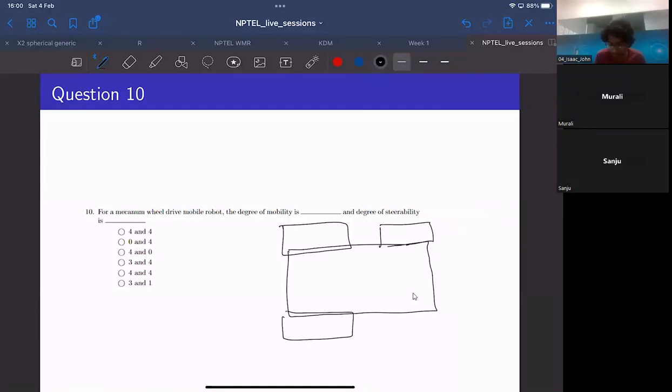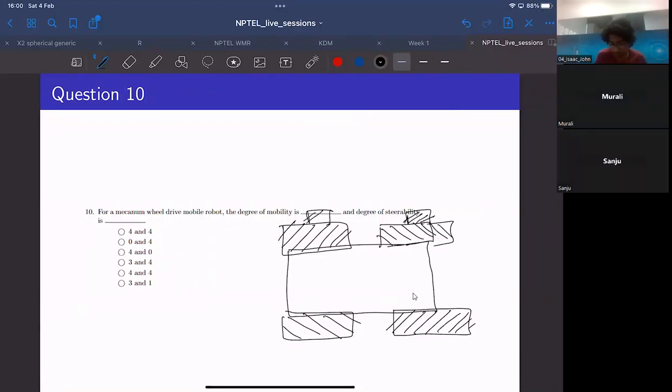A mecanum wheel robot basically has 4 wheels, and each of these wheels has passive rollers. Each of these wheels would have its own independent motor. So what is the degree of maneuverability, degree of mobility and degree of steerability of this mechanism?